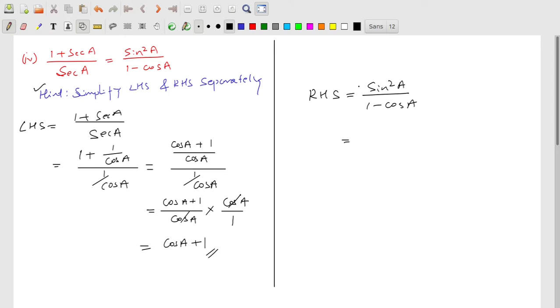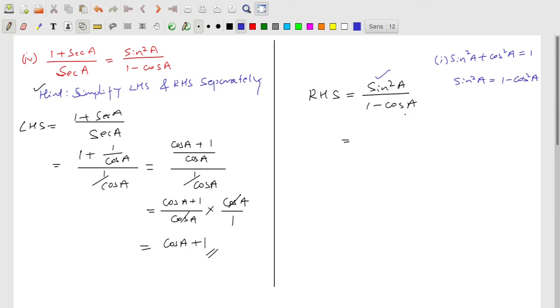The first trigonometric identity is sin square A plus cos square A is equal to 1. Since sin square A is given, it can be written as 1 minus cos square A.